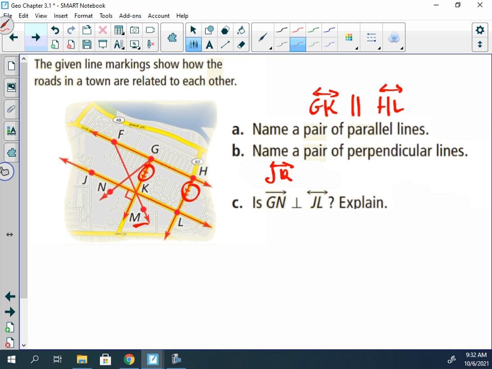KG, or GK, because these two here are perpendicular, and we know it because of the right angle.